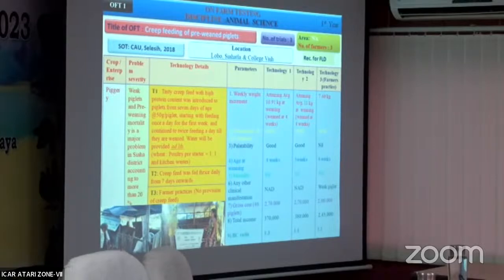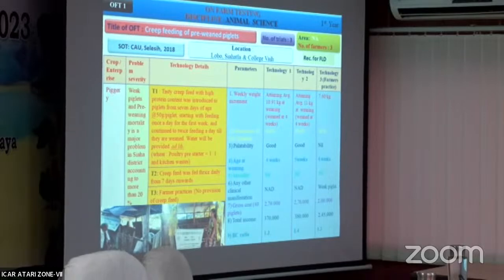So the technology in T1 includes tested creep feed with high protein content, which was introduced to piglets from 7 days of age at the rate of 50 grams per piglet, starting with feeding once a day for the first week and continue to twice feeding a day till they are weaned.